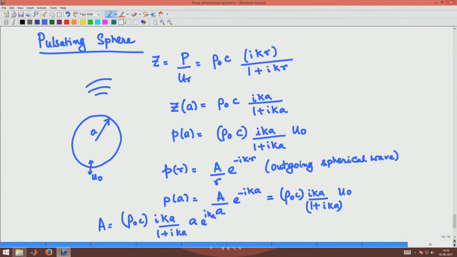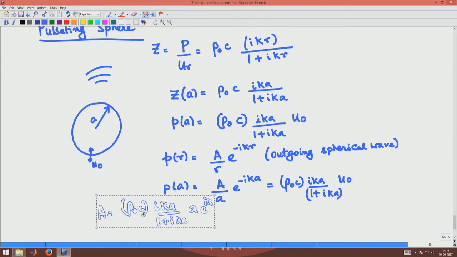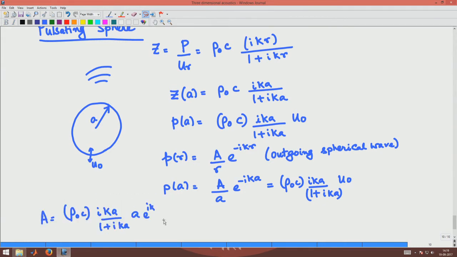I will write this a little more clearly by shifting this a little further. This is the undetermined amplitude, which now gets determined. I forgot a u 0 also.